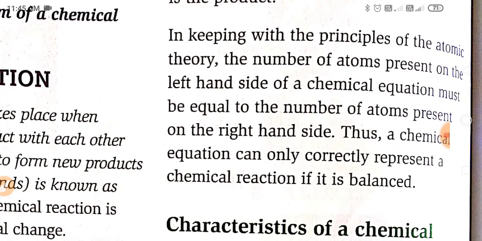In keeping with the principles of atomic theory, the number of atoms present on the left hand side of a chemical equation must be equal to the number of atoms present on the right hand side. I already told you in the last chapters. Thus, a chemical equation can only correctly represent a chemical reaction if it is balanced.